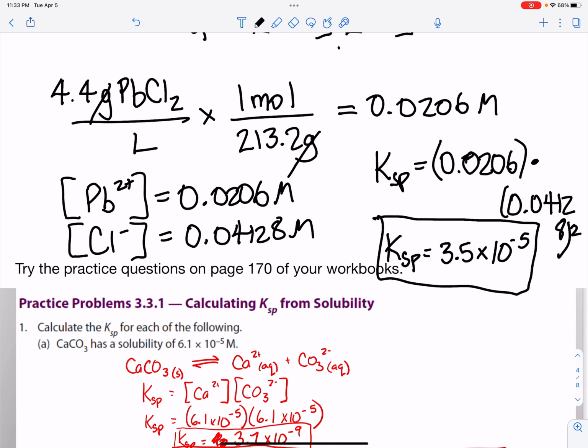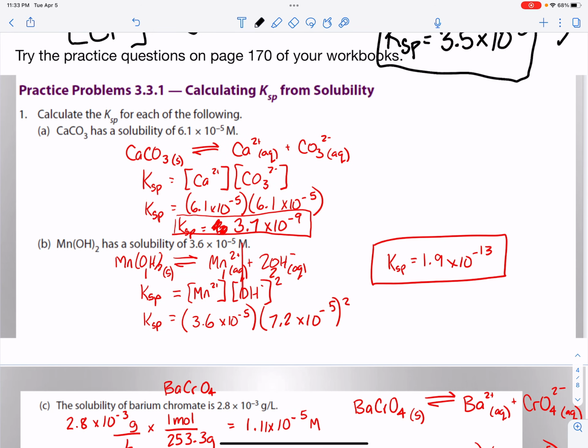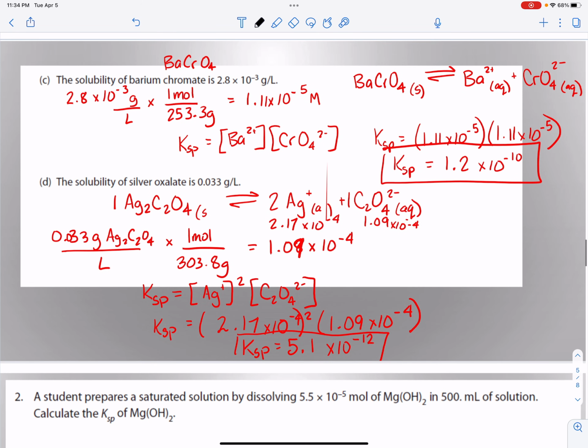So I'd like you to try some practice problems in your workbooks right now. There are some practice problems on page 170. Pause the video for a minute while you have a chance to go through the questions. I'm going to leave the first couple of answers up on the board to get you started if you're having problems, and there are solutions for C and D as well.